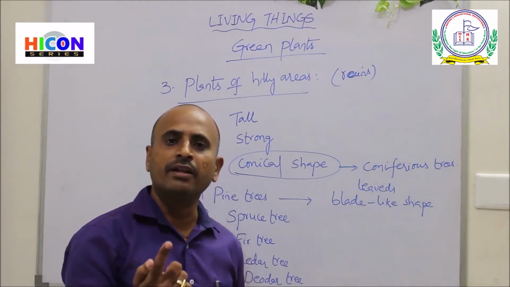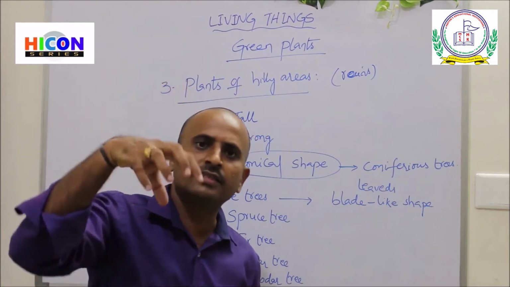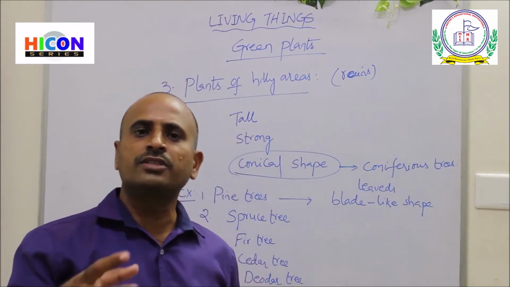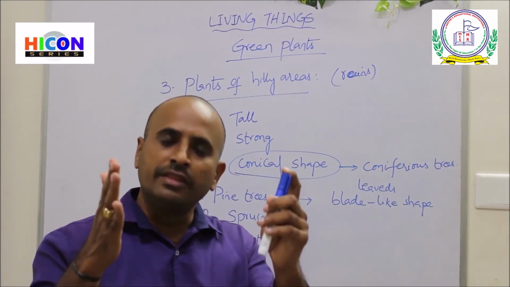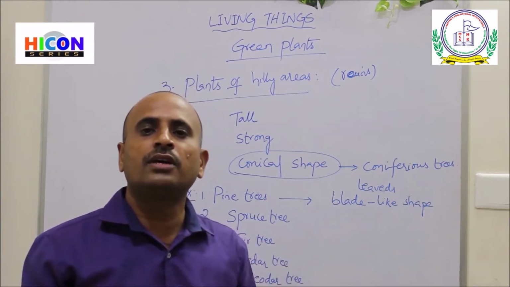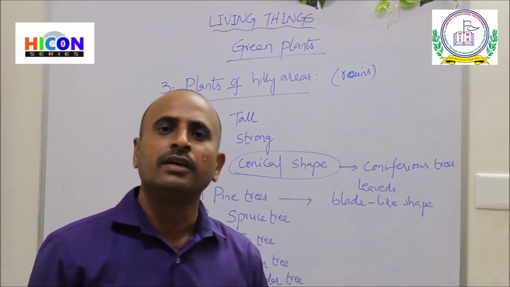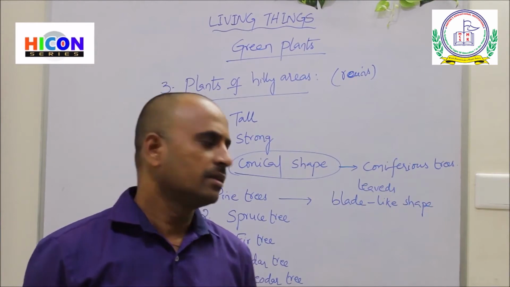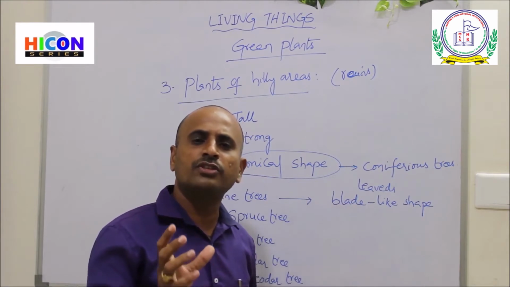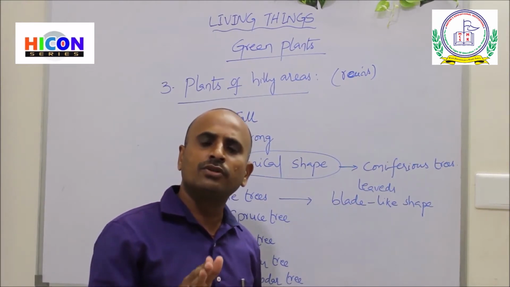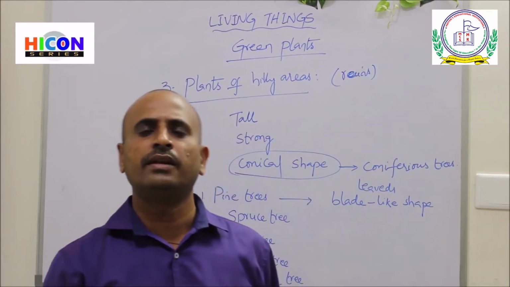If snow falls on these trees in those areas, the trees do not allow the snow to stay on them, and the snow slides off easily and falls down at the bottom of the tree, because the leaves are blade-like in shape.